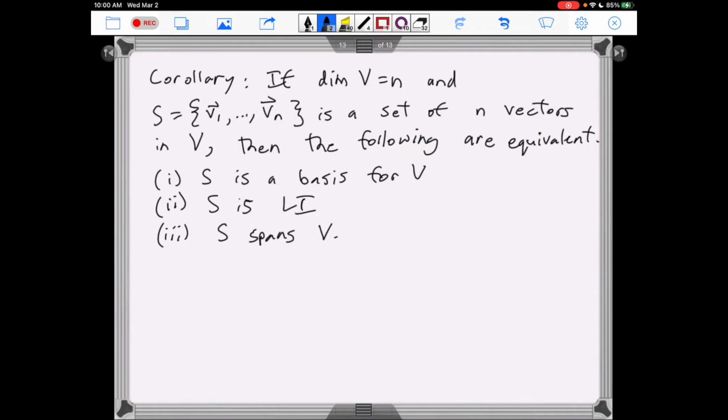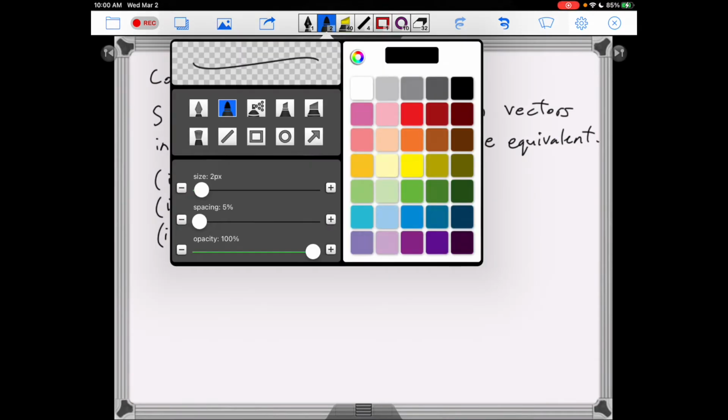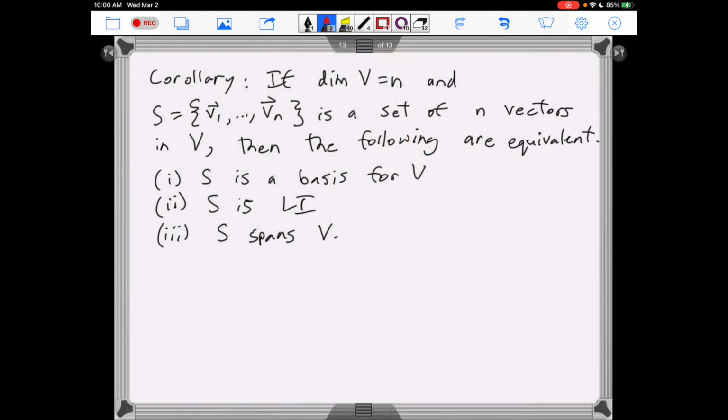So you can prove the easiest one. These are the ones, of course, that are shortcuts, right? The reason this theorem is useful is for conditions 2 or 3, right? If you only have to show linear independence and then you know it also spans, or you only need to show that it spans and then you also know it's linearly independent.